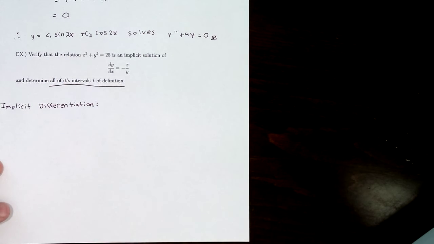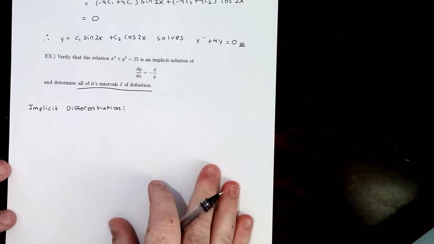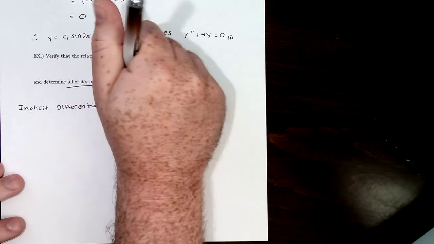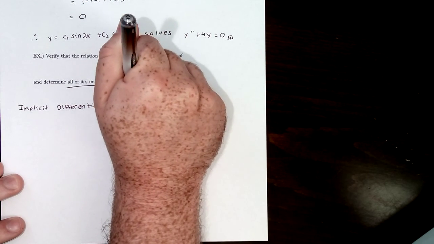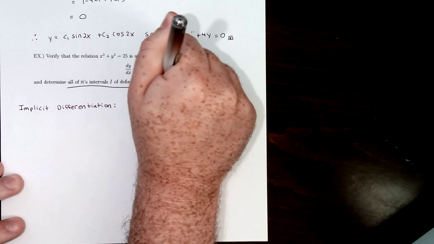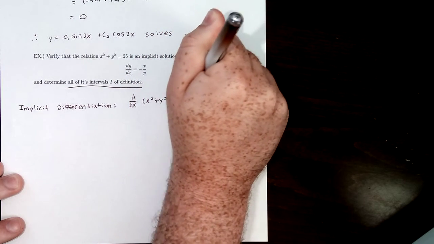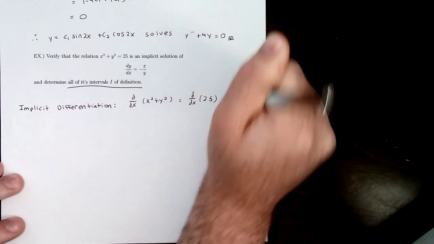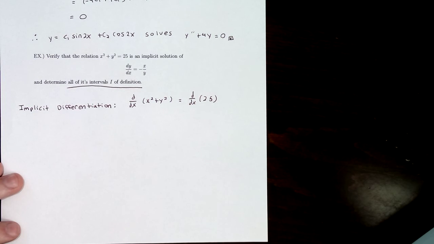And when we do implicit differentiation, let's not forget, basically we just do d/dx of both sides. So d/dx of x squared plus y squared is equal to d/dx of 25.